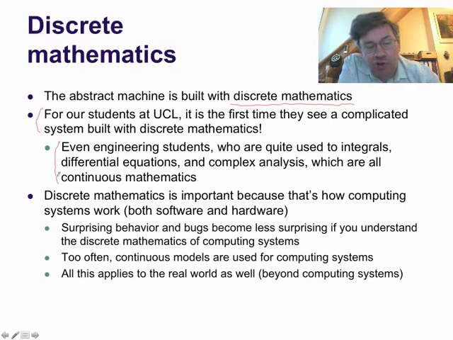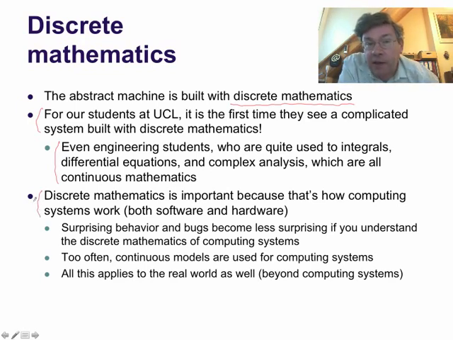And even our engineering students, who are proud to be very good in mathematics, they're used to integrals, differential equations, complex analysis, piece of cake for them. All of this is continuous mathematics. They have not seen a complicated system built with discrete mathematics before they take this course.